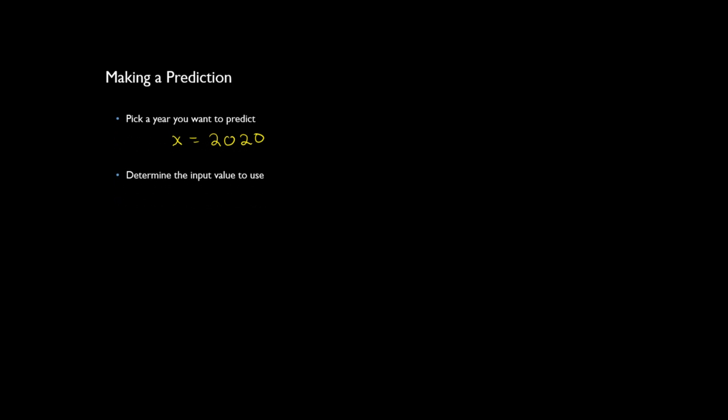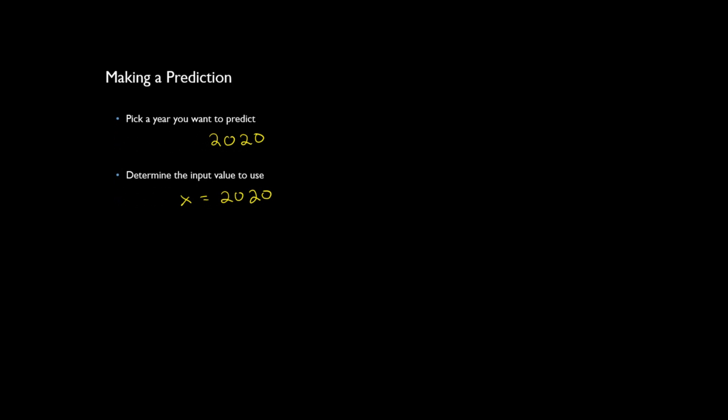So you need to determine what input value you want to use. I just want to predict the year 2020, so my x value is 2020. Be careful how you do this, because sometimes instead of putting the full year, they might say, okay, I'm going to start the year 2000 as 0.